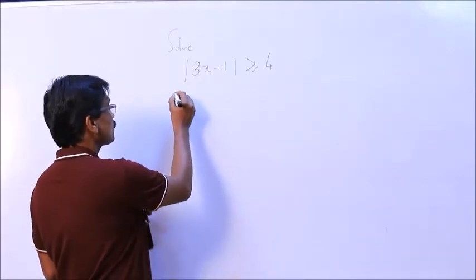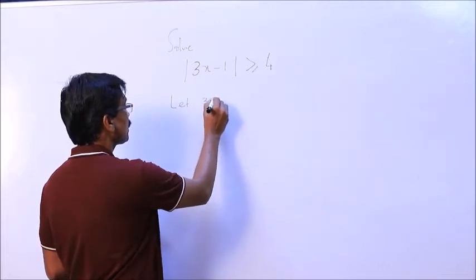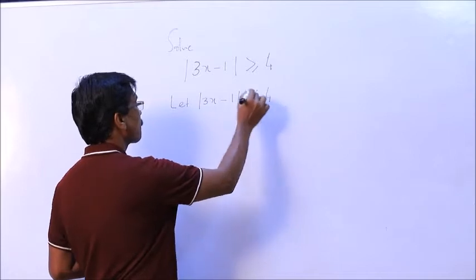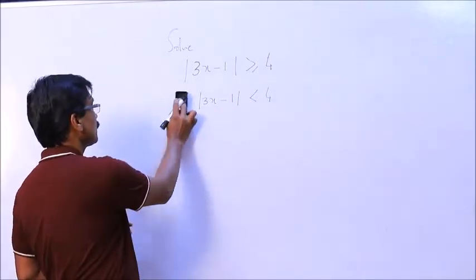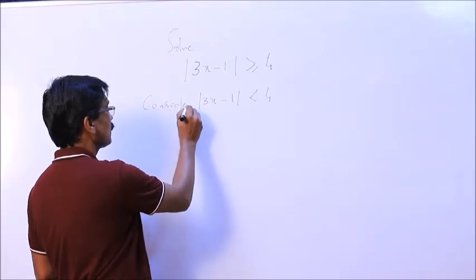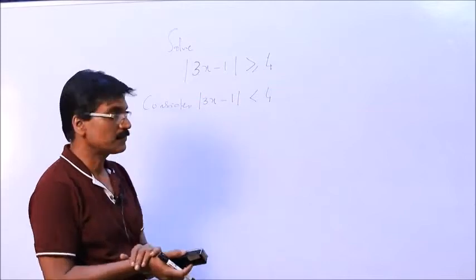First of all, we consider 3x minus 1 modulus less than 4, which is the opposite of greater than or equal to.